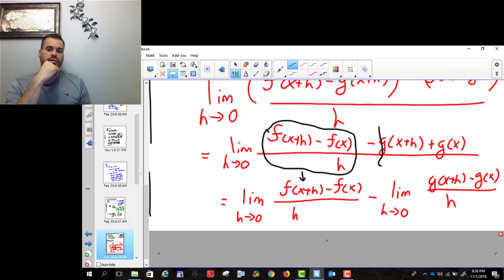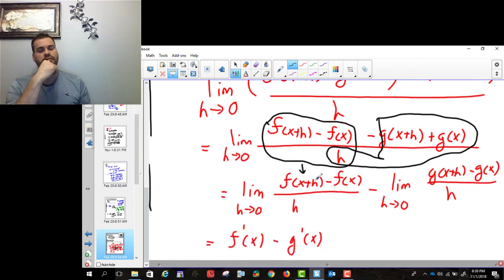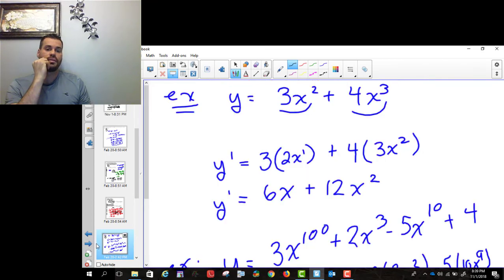And this piece, with the h included, because it's still divided by h, is the other term. And so that's that piece. And that is f prime of x, and that is g prime of x. So that proves the difference rule, and the sum rule is very similar, the proof's exactly the same.